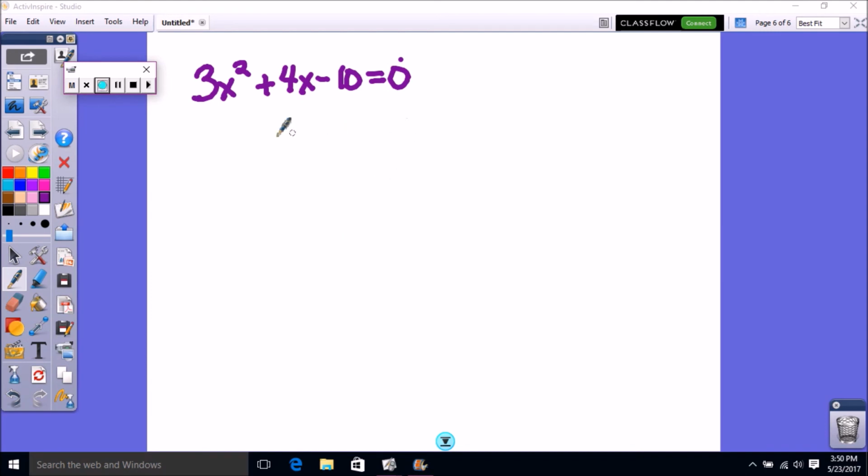So, in this problem, we're completing the square. The first thing we need to do is what? No. You divide everything by 3 to clear the A term.